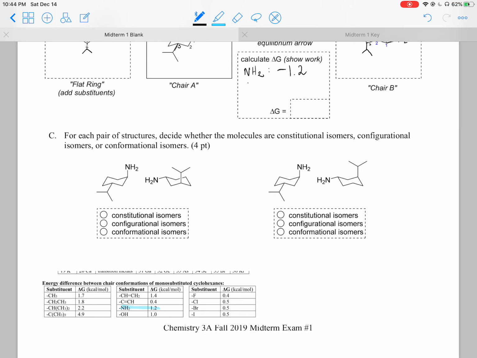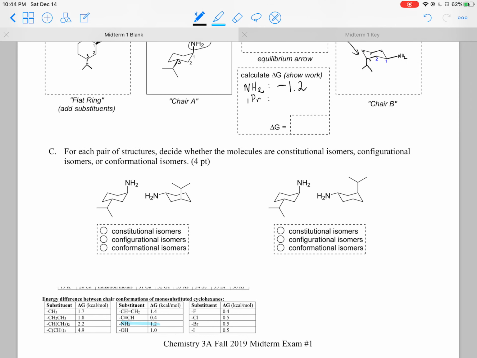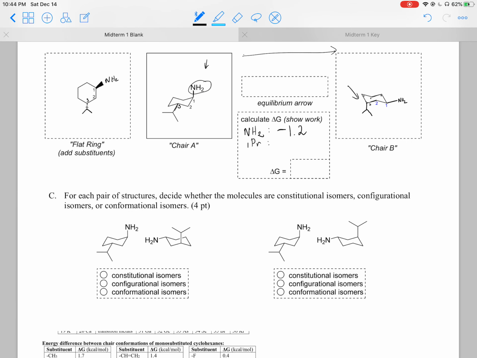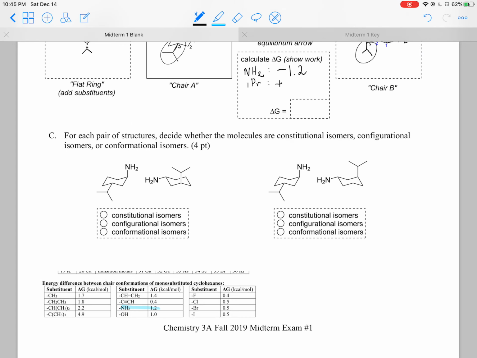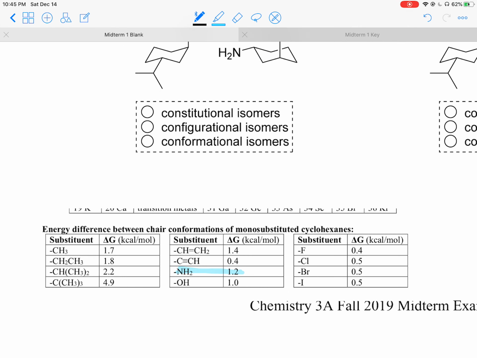And then this is isopropyl. We're going from equatorial to axial. This is equatorial, this is axial. So that is unfavorable. So we're going to add whatever value we find down below for isopropyl. So what is isopropyl? It is an R group, and this carbon right here has a hydrogen, and then these carbons each have 3 hydrogens.